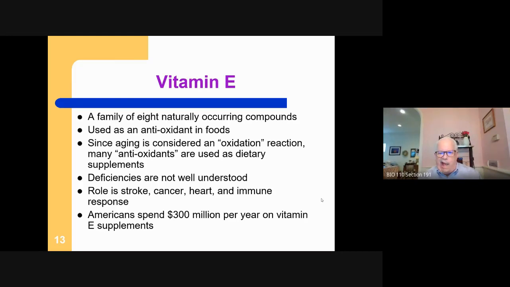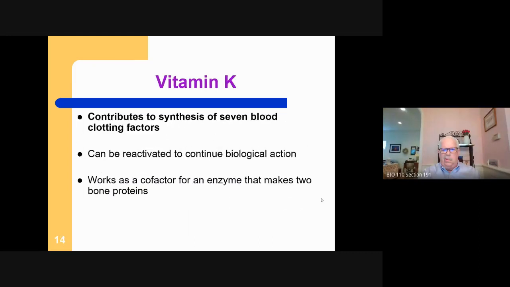It reduces cancer. It reduces heart disease. It will bolster your immune response. We spend a fortune on vitamin E because of its good effects to prevent heart disease and stroke.